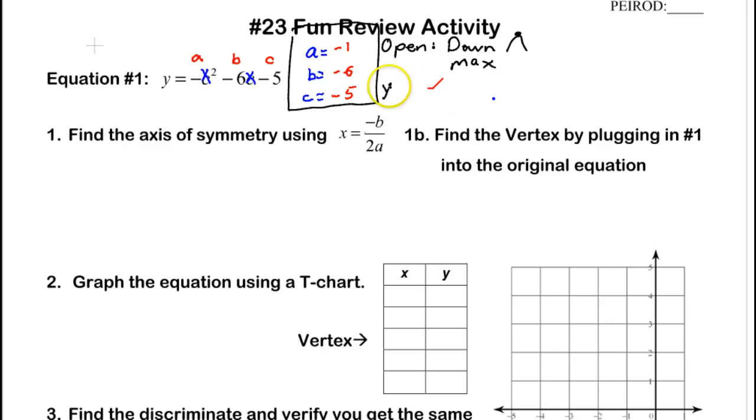What is the y-intercept? So if I was to put this on an axis, where would it be crossing the y-axis? And if you recall, that's what c is. So it'll cross at -5. All this information we know before doing anything.